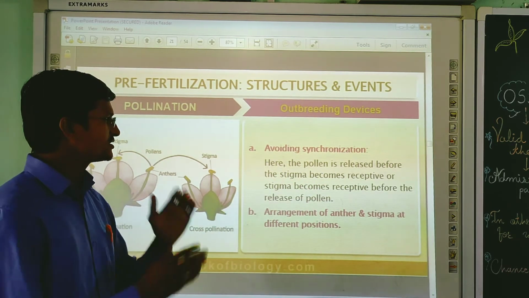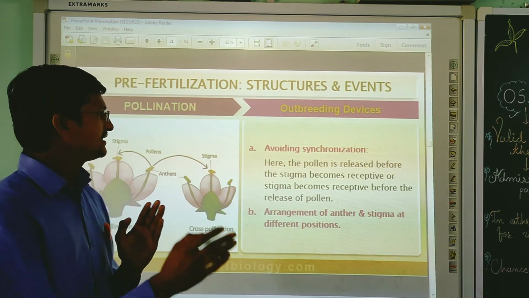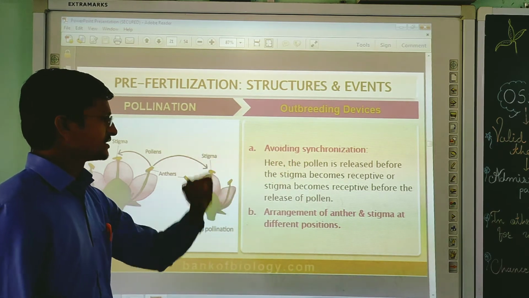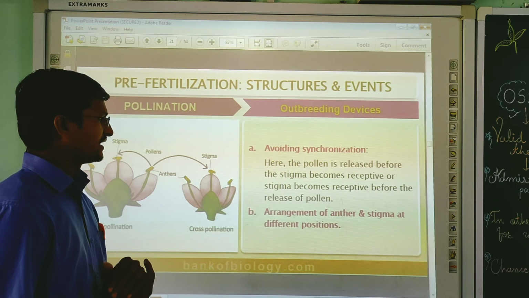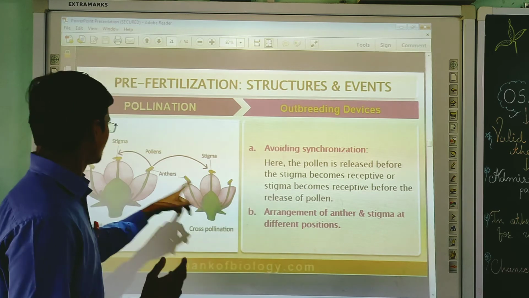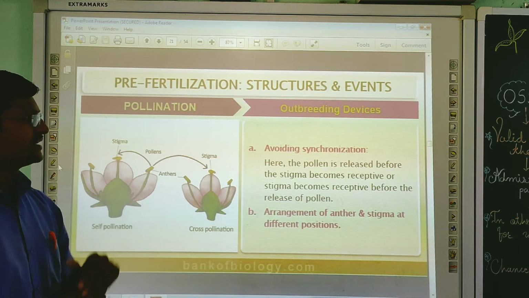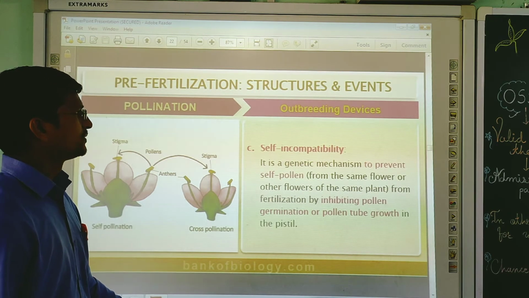So in that special arrangement we need to take care to avoid the synchronization. Okay, and there's arrangement of anther and stigma at different positions. If you change the position, this process will stop. This is one type of outbreeding device.